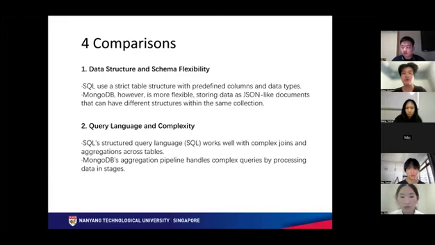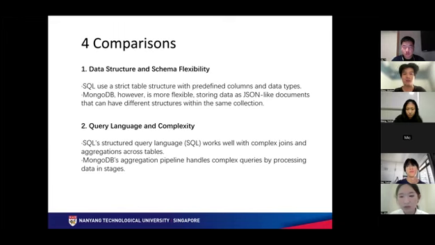MongoDB, however, is more flexible, storing data as JSON-like documents that can have different structures within the same collection. In question 11, MongoDB dynamically tags issues by matching keywords with switch and regex, which is ideal for unstructured data that may change over time.